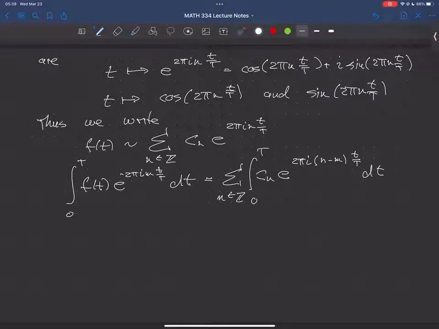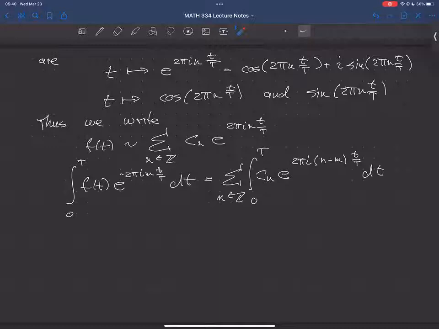All right, so now you notice that when n is not equal to m, you calculate the integral, and you use periodicity of the complex harmonics to see that at the endpoints you're going to get the same thing. That's what periodicity means, and so when n is not equal to m, this thing is equal to 0.